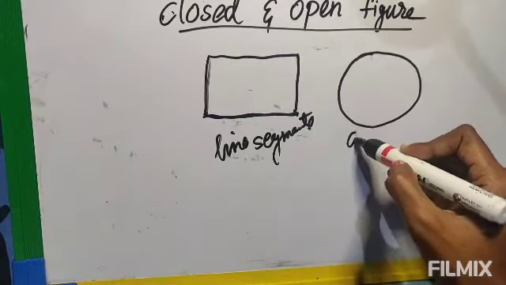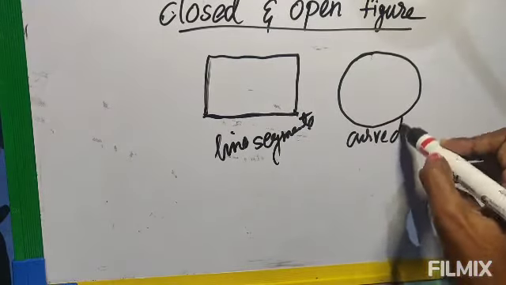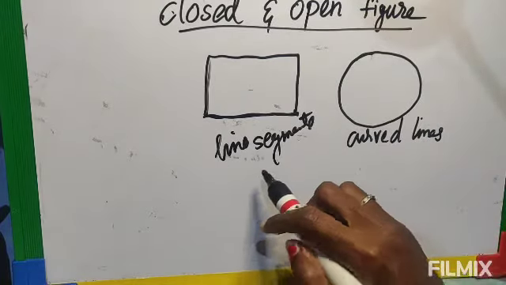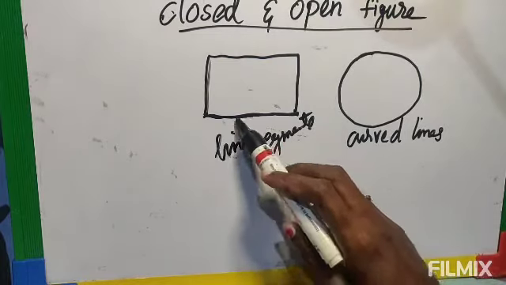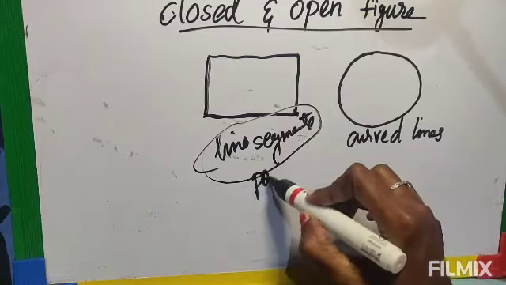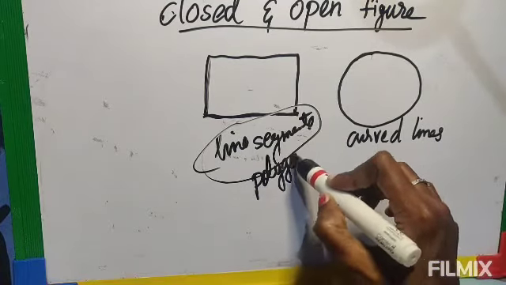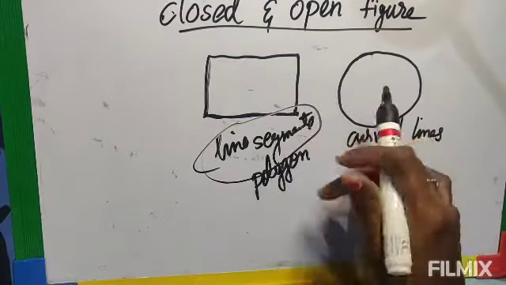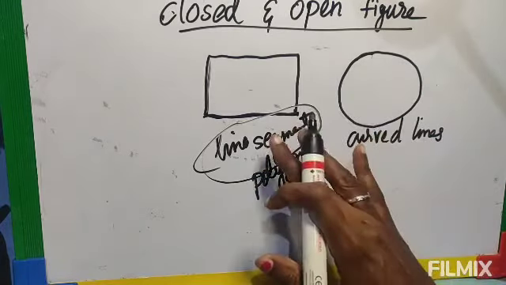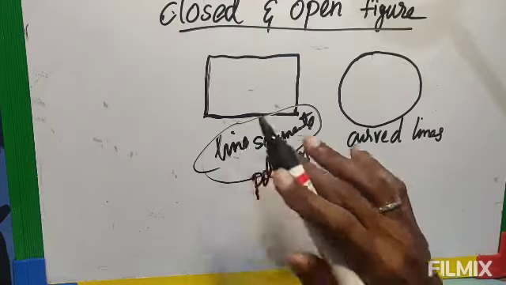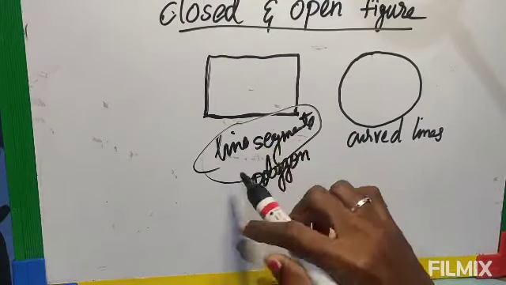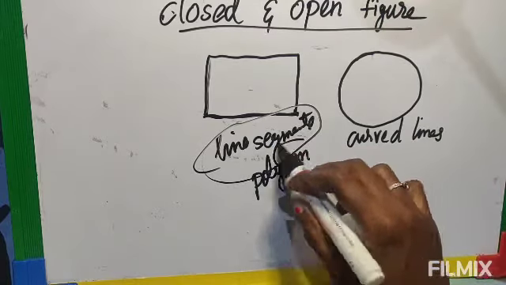The simple closed figure which is made up of line segments is called a polygon. Otherwise it is just a simple closed figure. If the simple closed figure is made up of only line segments, there is no curved line, then it is called a polygon.